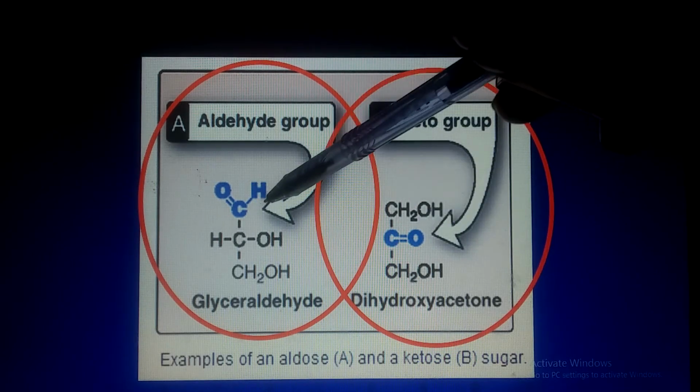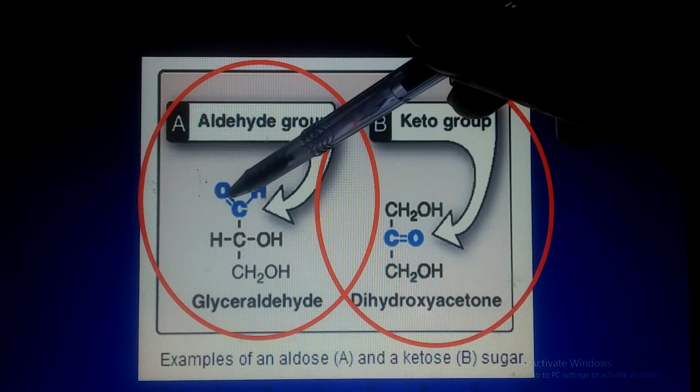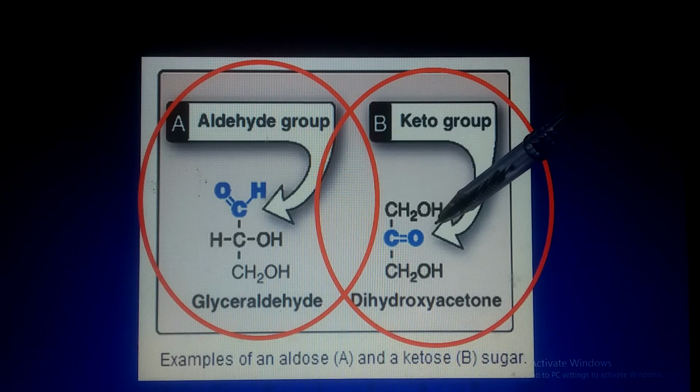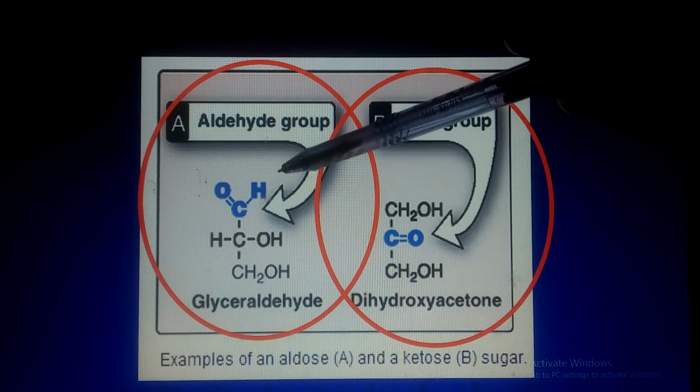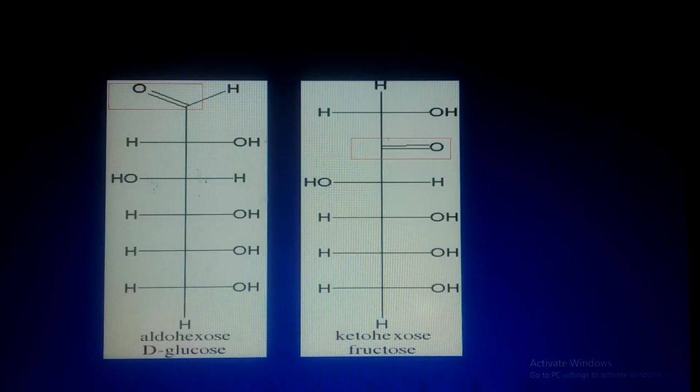Here, 1 hydrogen and 1 alkyl group, and this is the oxygen. So this is the aldehyde group, this is the ketone group. So aldehyde containing monosaccharides are known as aldose, and ketone group containing carbohydrates are known as ketose. Okay, I hope the concept will be clear to you.